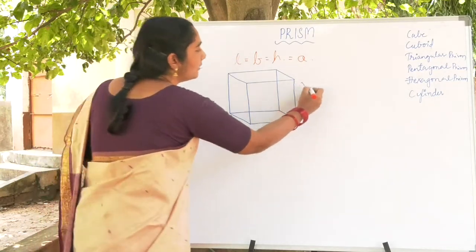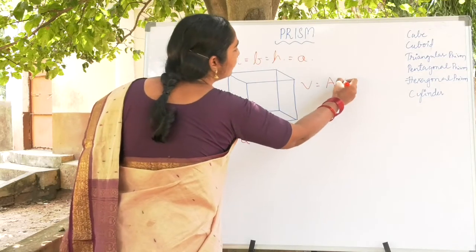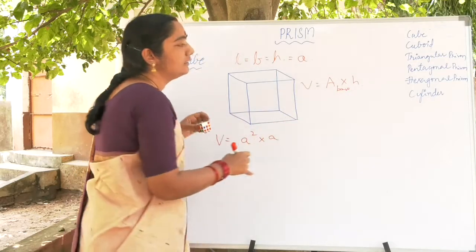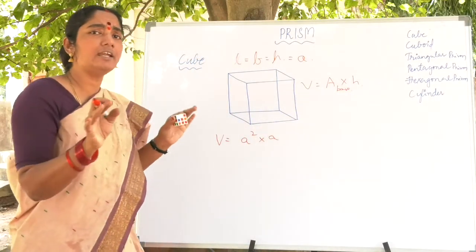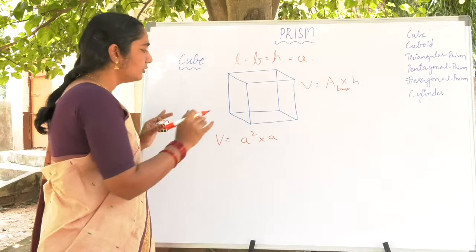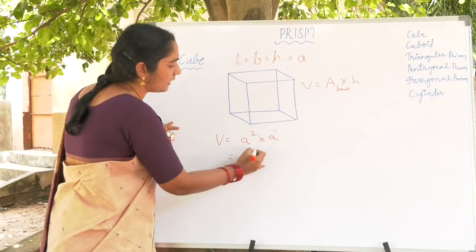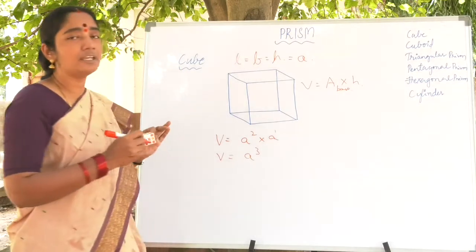Volume is the area of the base into height. It is a general formula for any kind of prism, not only the cube. So we get a squared into a, that is a cubed. So the volume of a cube is a cubed.